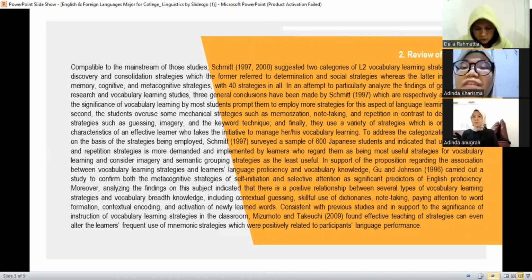First, the significance of vocabulary learning prompts most students to employ more strategies for this aspect of language learning than others. Second, students overuse some mechanical strategies such as memorization, note-taking, and repetition, in contrast to deep processing strategies such as guessing, imagery, and the keyword technique.